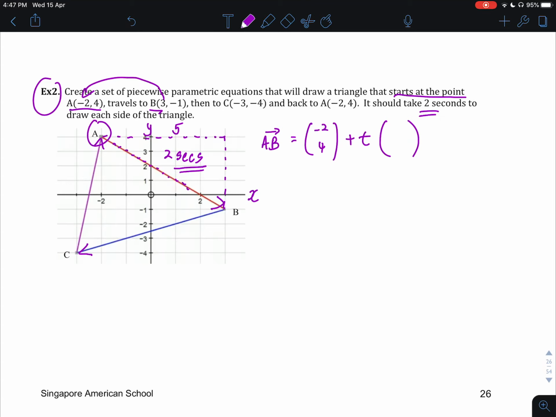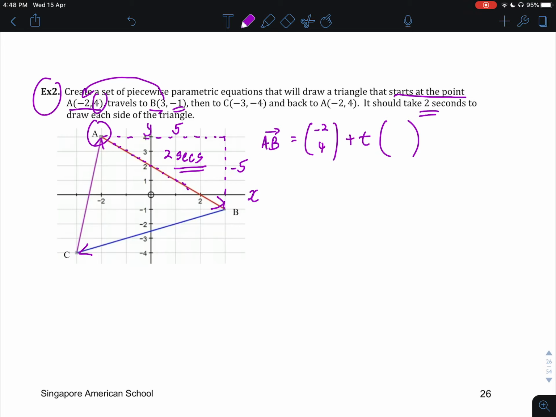Similarly, I'm saying -1 minus 4, so 5 to the right and 5 down gets me from point A to point B in the direction A to B.